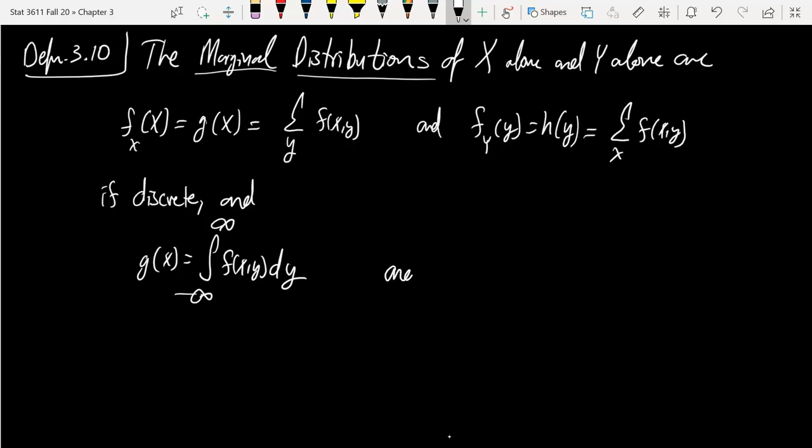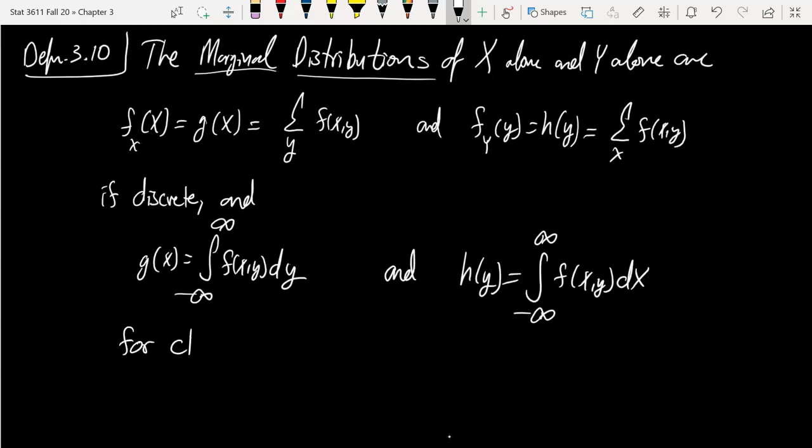And so we can handle that integral using our standard single variable calculus techniques. We just treat the other variable as a constant. We'll take a look at some examples in a bit on how we can do that. Right, so we do the integrals instead of the summation if they are continuous, okay? Marginal distributions, all right? Looks good.